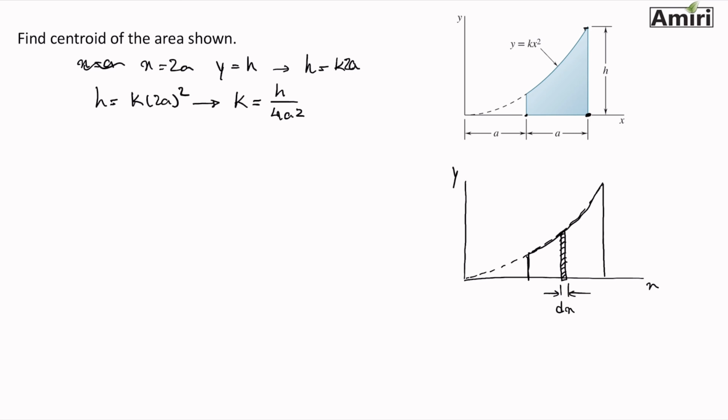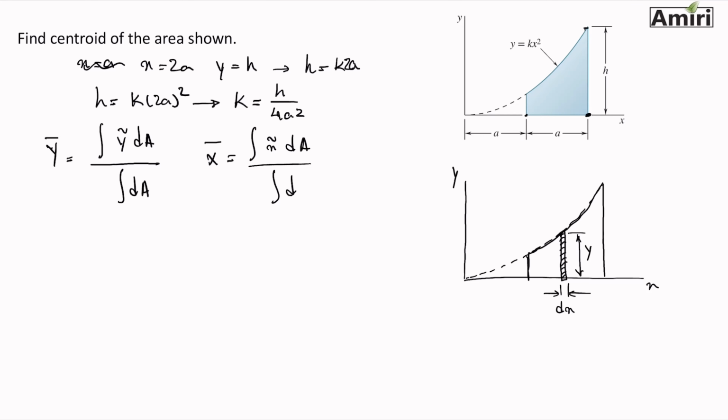So this is very thin, and it's dx, and then the height of it is just y. So my y bar, this is just the centroid equation, is the integral of y tilde dA over the integral of dA, which is the total area. X bar is the integral of x tilde dA over the integral of dA.